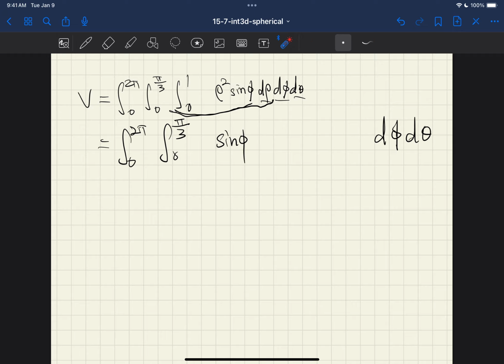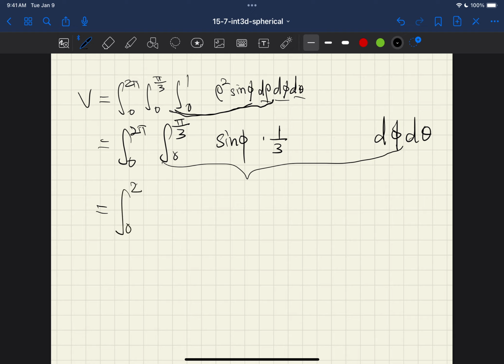When rho changes, sine phi stays the same. So we can take this out of the integral, and inside is rho squared, so it is 1/3 rho cubed, which is the antiderivative. Put in 0 and 1, take the difference, which is 1/3.